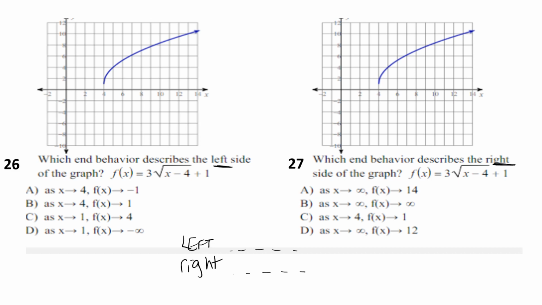So as my x's go to the left, I can only go to this x value at 4. So it has to stop there. So as x approaches 4, what do the y values do? Well, in this case, my y values, traveling from the left, reading backwards, are falling down.